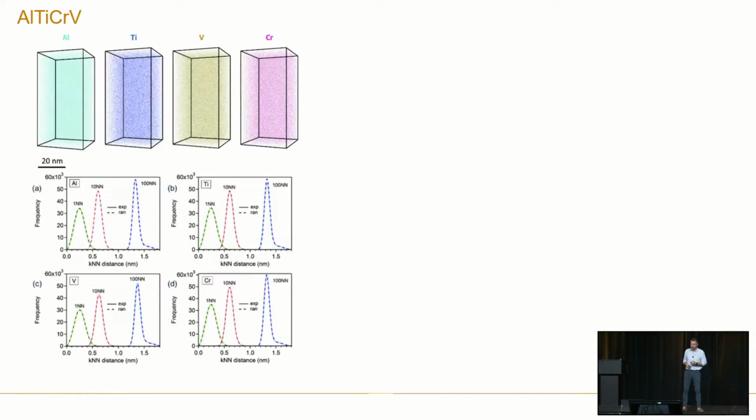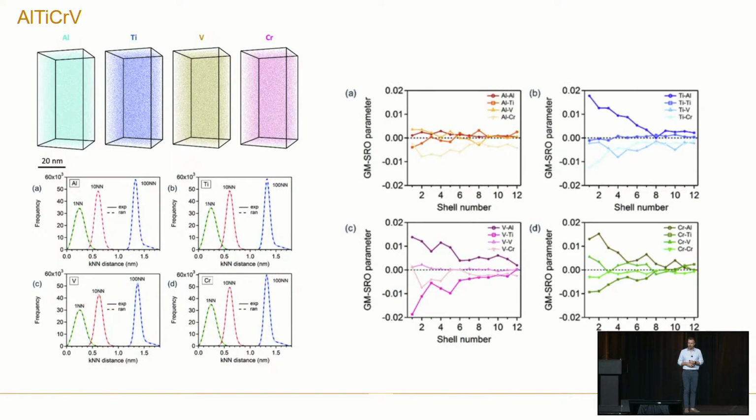Now, using atom probe data, in case you folks want a bit more insight into what an ordered BCC is, what you can do is you can work out things like nearest neighbor distances for the different elements, and you can do short-range order analysis where you can look at the pairs of the different atoms.